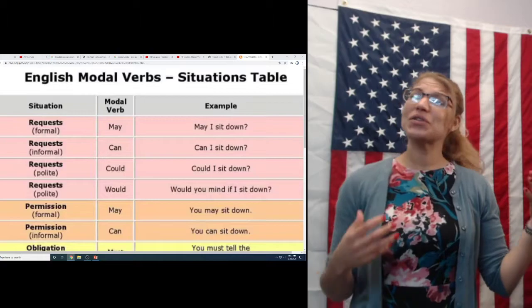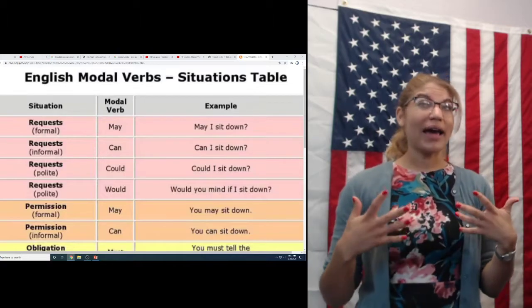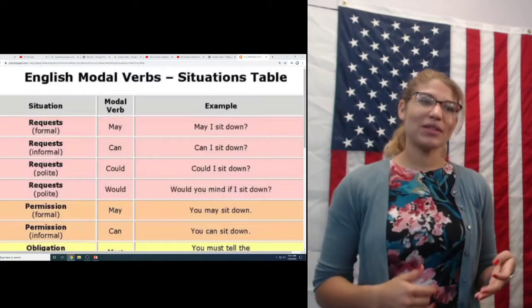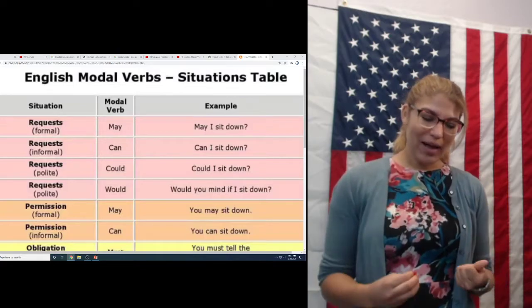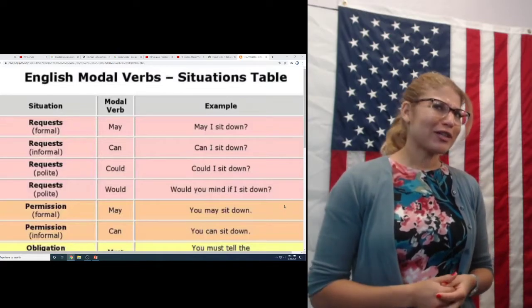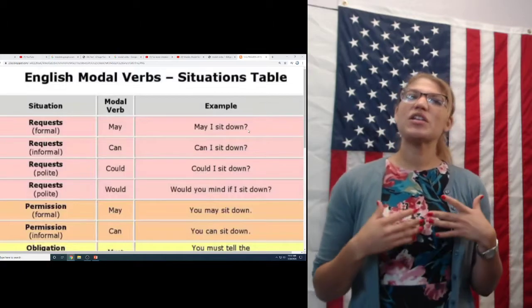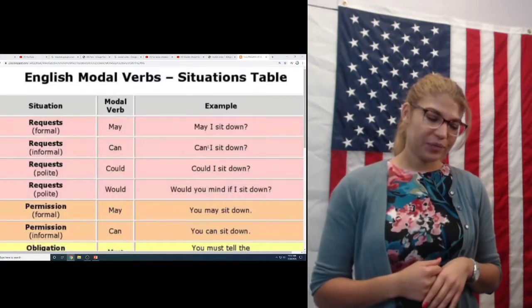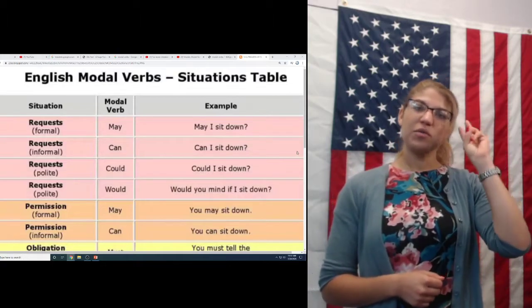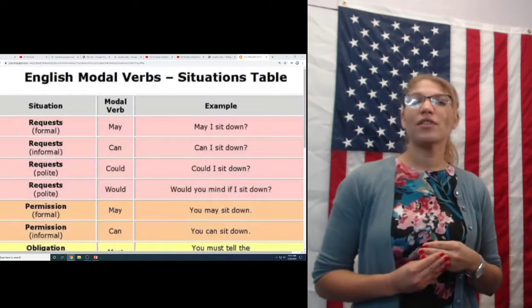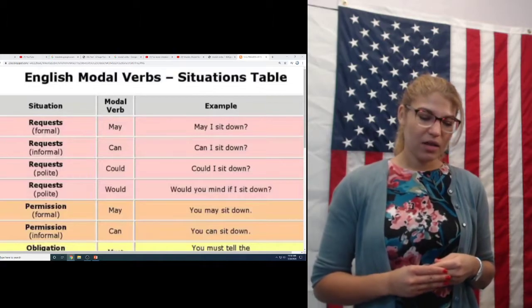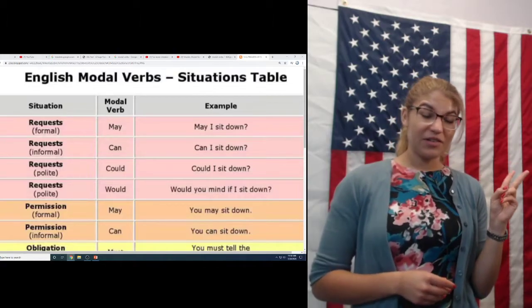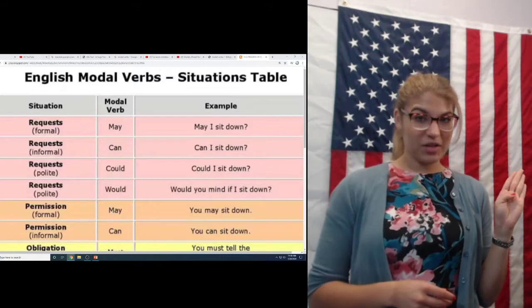I need you to do something for me, or I want you to do something for me. Usually a request is when you ask someone to do something for you. We have 4 different requests. Formal, informal, and 2 polite options.